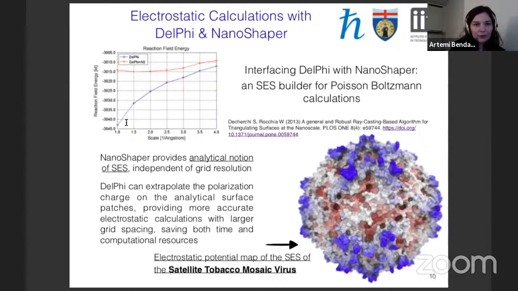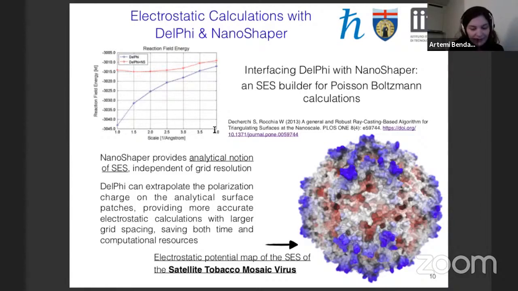So in blue here, you can see an energy calculation done with Delphi with different scales. And in red, you can see the difference in the measurement of the energy when Delphi was interfaced with NanoShaper. So basically, we had very small changes when it was interfaced with NanoShaper, while when it was not, in order to have an accurate measurement of the energy, we needed to have very large scale.